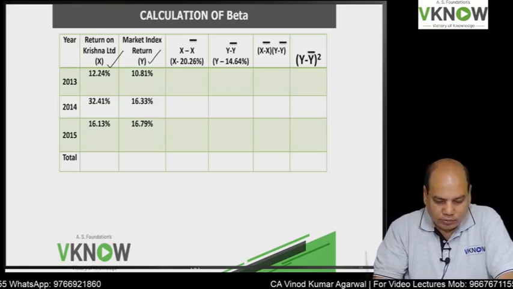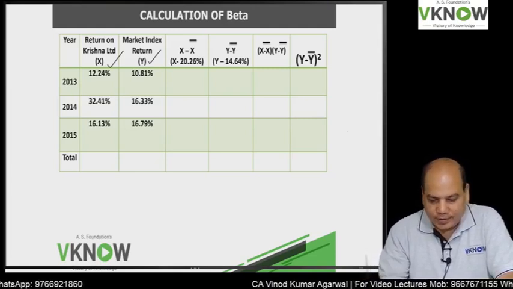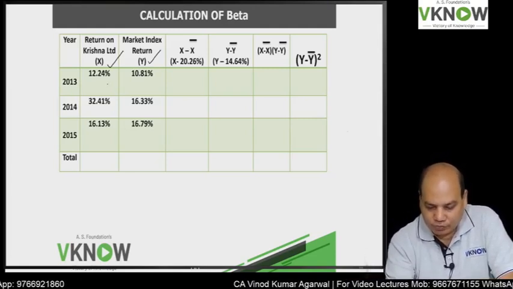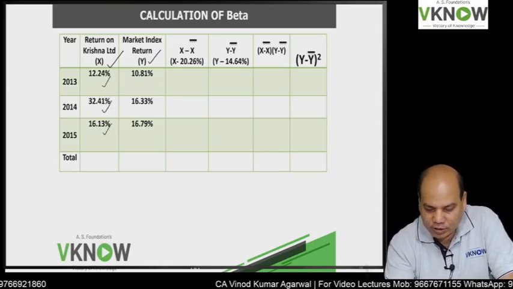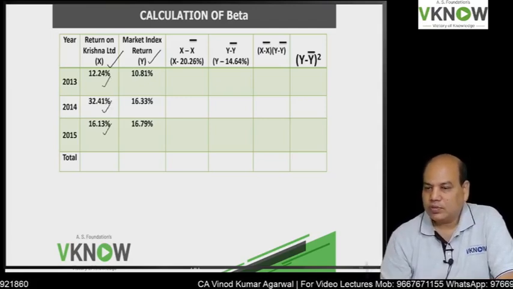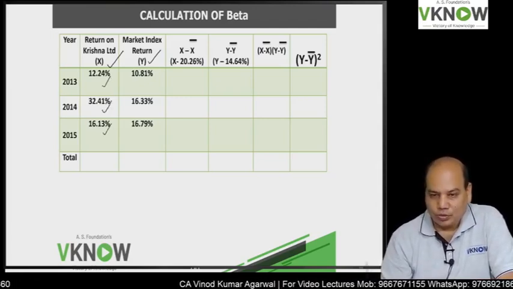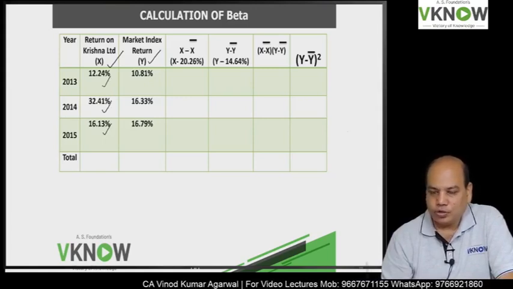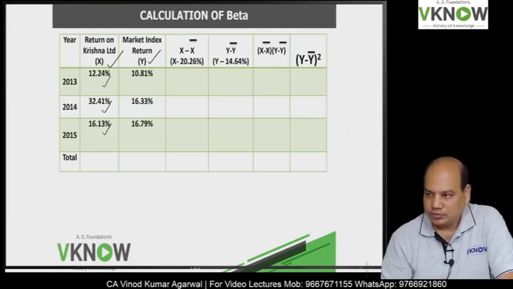So write down 2013. Now go to your step number 1. You will find this returns figure there. Year wise return 12.24%, 32.41%, 16.13%.